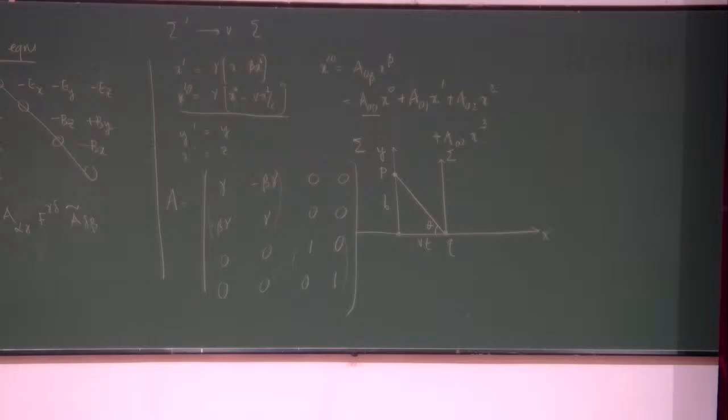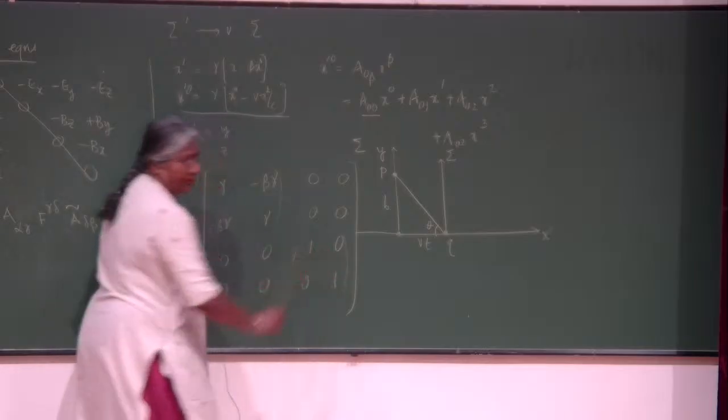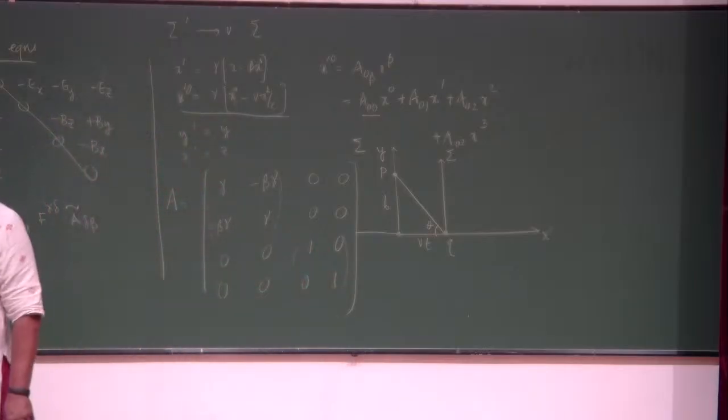Is this clear? For alpha I have put 0, for beta I have put 1. Now you see what are the non-zero elements of A? It is this 0, 1 submatrix and only 2, 2 and 3, 3, right? So the moment you see 2, unless it is 2, 2 or 3, 3, they will all be 0. And only the 1, 0 elements will be non-zero.